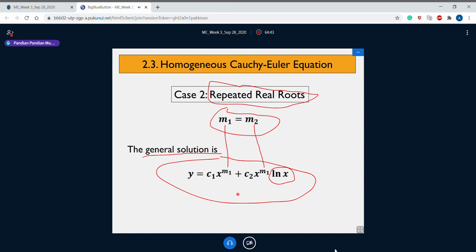So that's why by putting ln x here, there is no way they are the same, because y1 is x to the power m1, and y2 is x to the power m1 multiplied by ln x. There is no way you can combine them into one. It's impossible. So for case 2, repeated real roots, you have to take care.